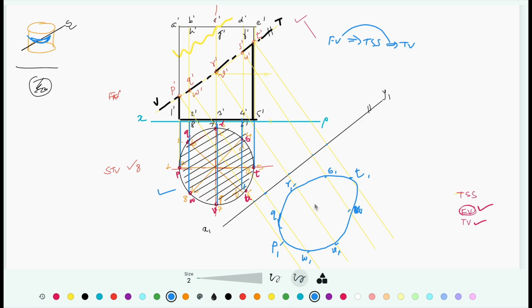Okay, and finally draw section lines which are inclined at 45 degree to X1 Y1 line and must be equally spaced at a distance of 1 or 2 mm, but that distance should be uniform. So this is going to be the solution for this specific question.